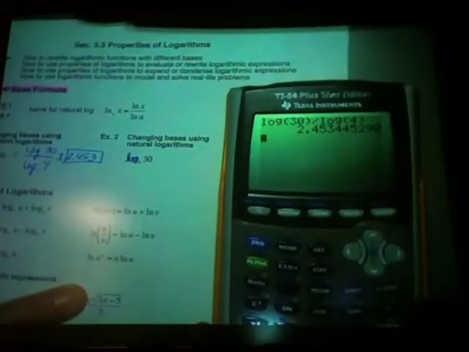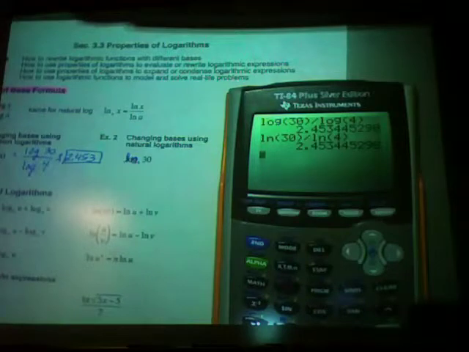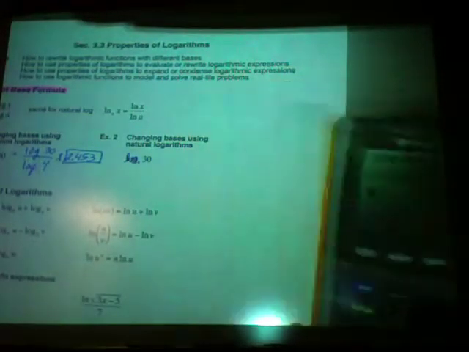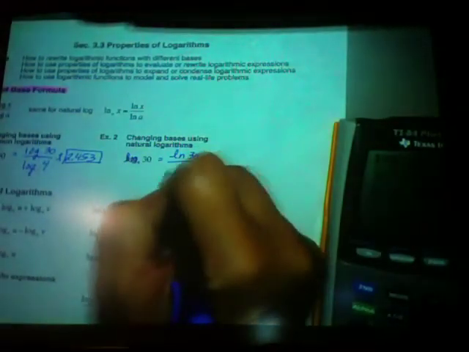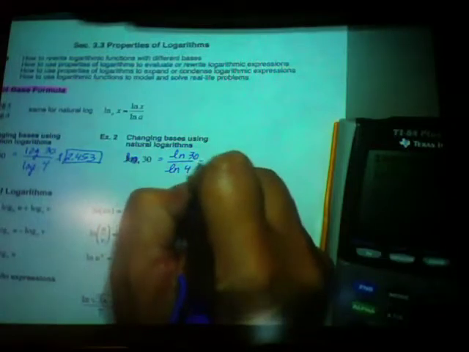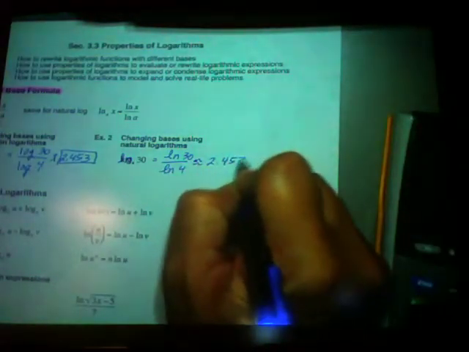Let's do the same thing with the natural log. I've got the natural log of 30 divided by the natural log of 4. Oh, interesting. Remember what the graphs look like? They were identical, right? So natural log of 30 divided by natural log of 4 is also approximately 2.453.